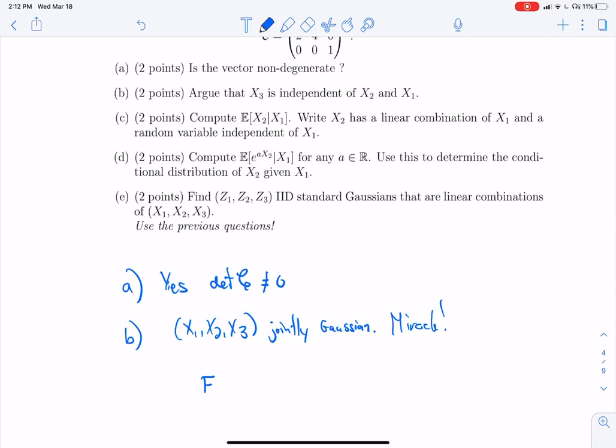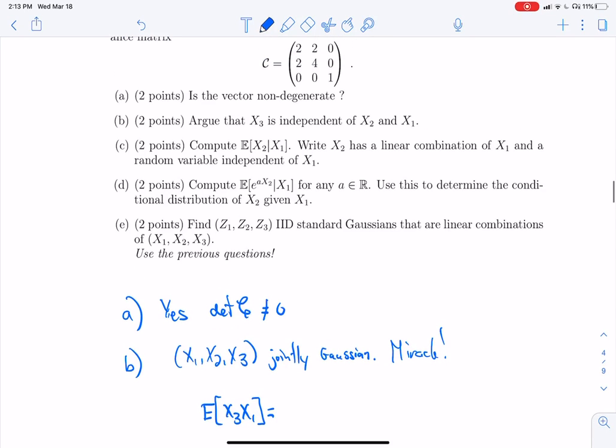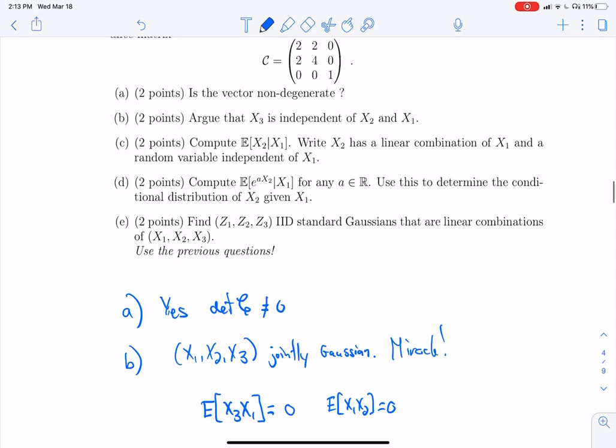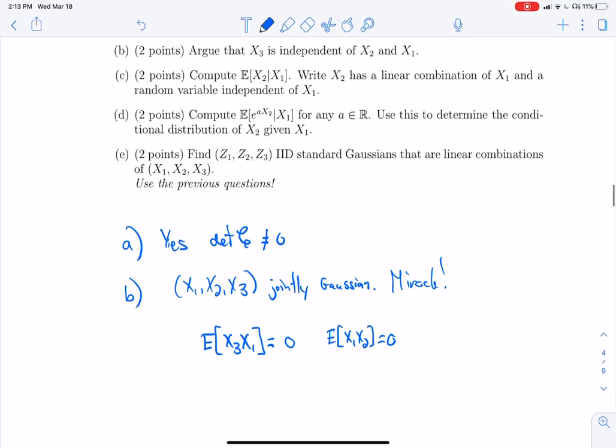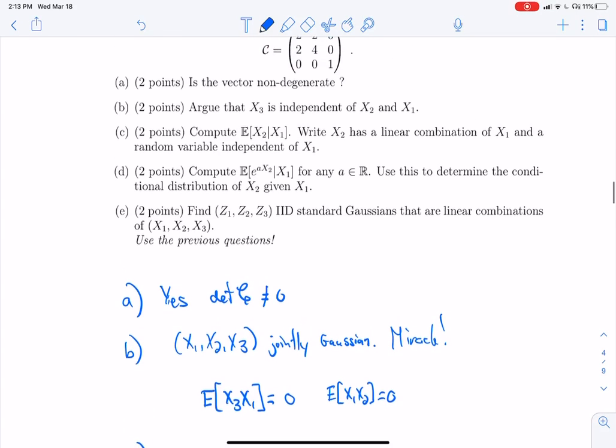So I have to compute the covariance of x3 with x1. But by the covariance matrix, that's 0. Just look at the 1, 3 entry. And same thing with x1, x2. Great. So A and B are done. Okay, 4 points. I'm going to pass this class.